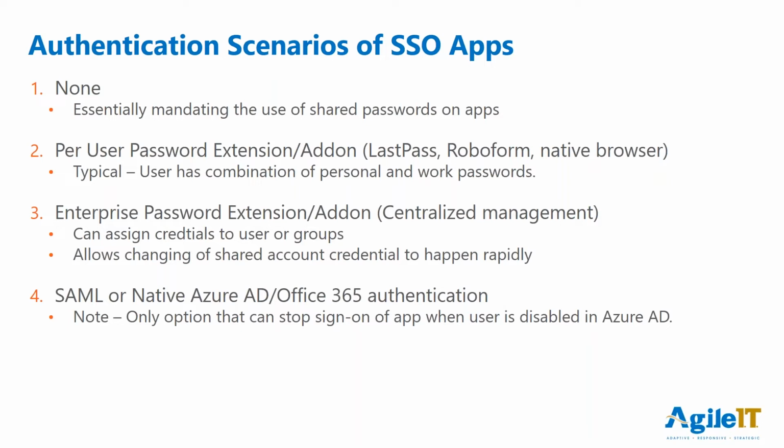And the last one was the magic of true single sign-on, and that's federated single sign-on, also known as SAML. And that was the more complex method where essentially we're going to an identity provider, Azure AD in this case, communicating via SAML through a signed certificate web assertion request that says, I am John at Agile IT.